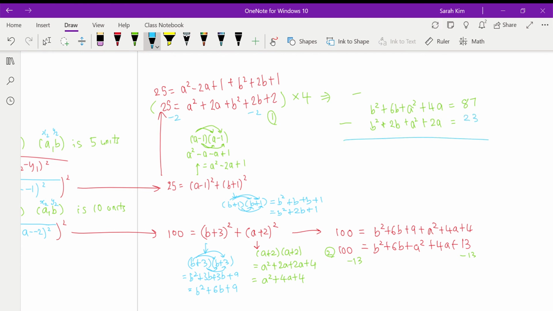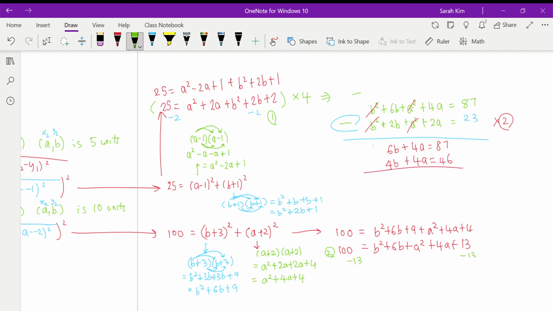Alright, so let's see if I can take this. Let's see what happens. So these will cancel, so what I get is 6b take 4b, which is 6b take 2b, which is 4b. But what I can do is I could probably solve this simultaneously. So if I times this equation by 2 and rewrite it, my top equation would be 6b plus 4a equals 87, and then I have 4b plus 4a equals 46 because I doubled the second equation.